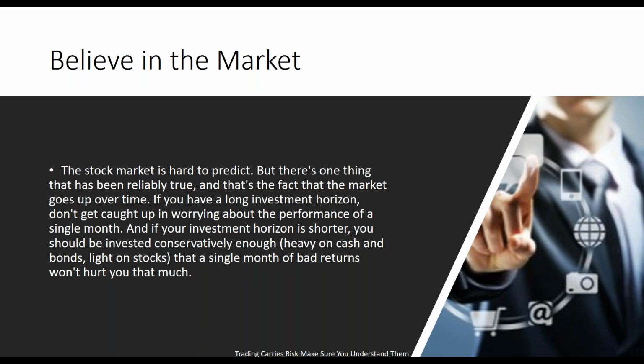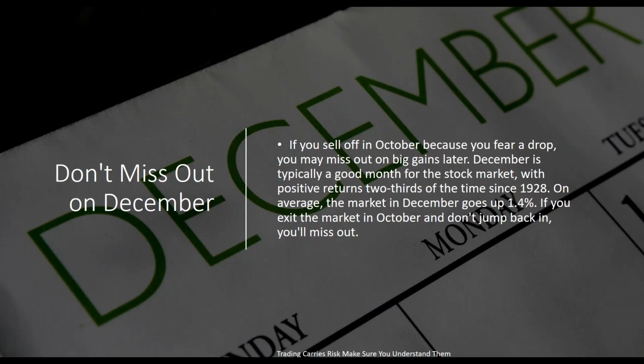But if you're trading stocks, or you're looking for short-term profits or big jumps, you should be aware of every month. And if your investment horizon is shorter, you should be invested conservatively enough that a single month of bad returns won't hurt you that much. Now, if you sell off in October because you fear a drop, you may miss out on the big gains later.